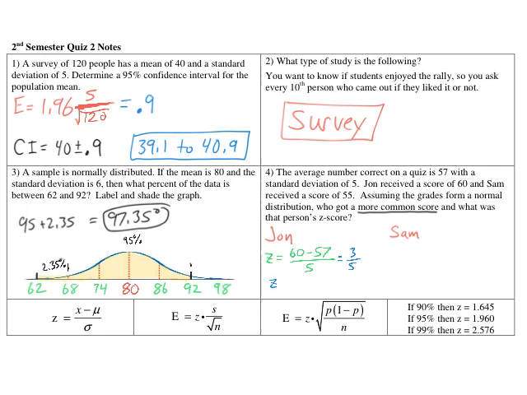So the z here is 0.6. All right, let's do the other guy. Sam here, what do we have? Z for Sam, his value is 55. The mean is 57, and you divide by the standard deviation. That would be a negative 2 over 5. So his z is negative 0.4.